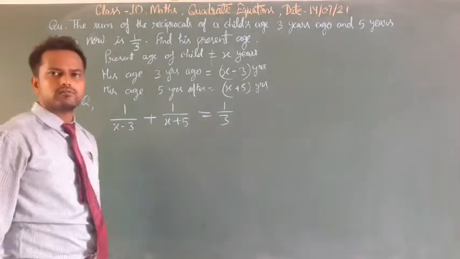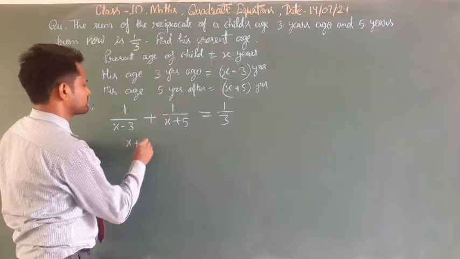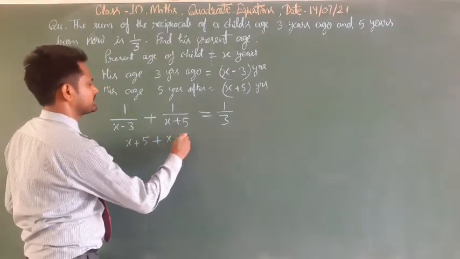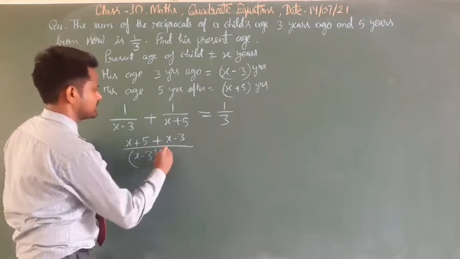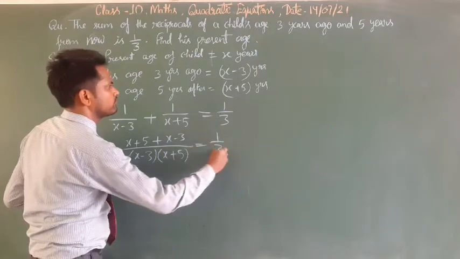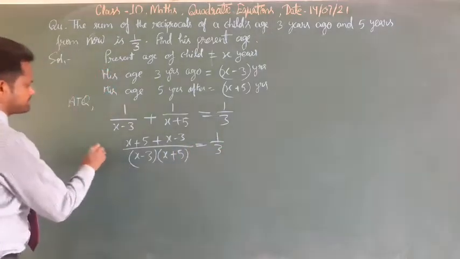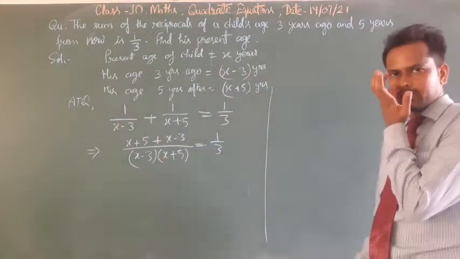Now solve this expression. You get x plus 5 plus x minus 3 upon x minus 3 times x plus 5 is equal to 1 by 3. Got it?